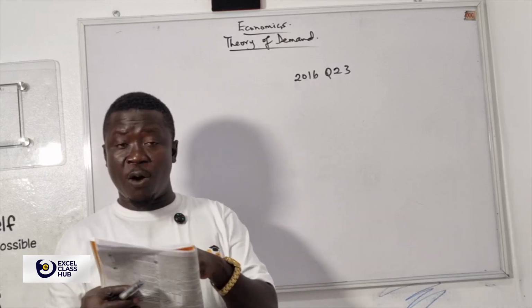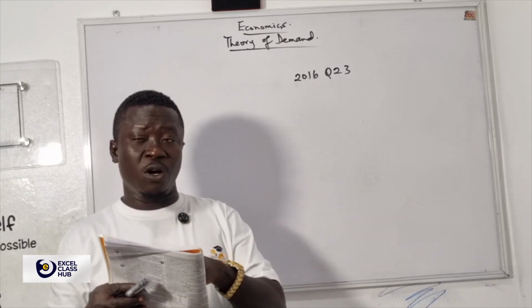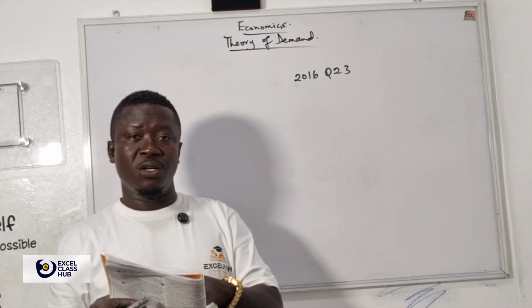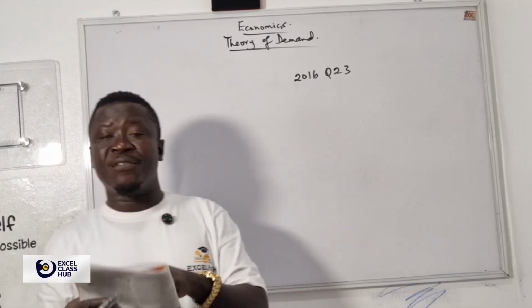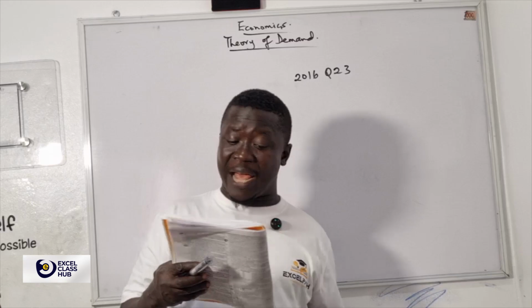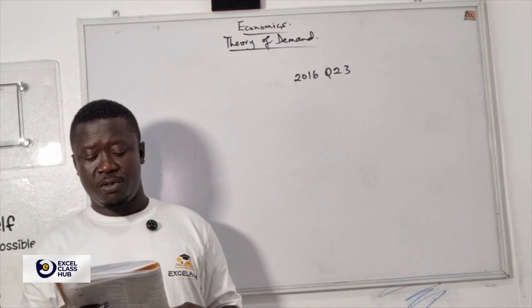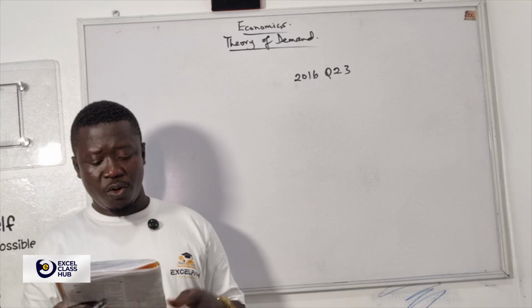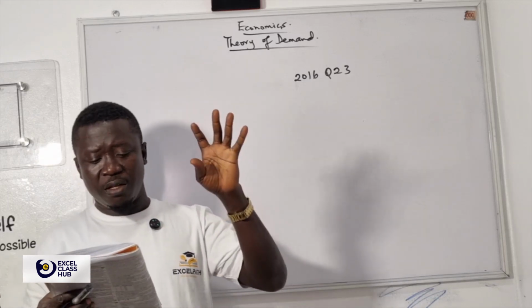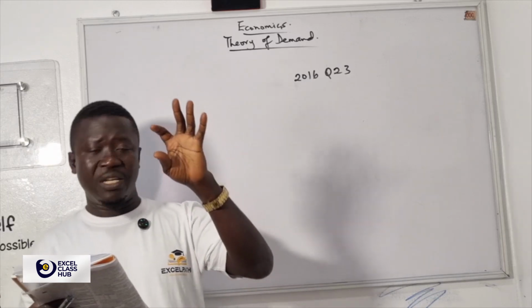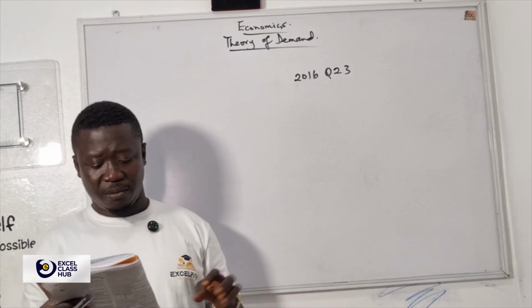Cost of production is for location of industry. Incentive to workers is mostly on supply or labor. Understand? So population is a very big thing to consider to determine demand.